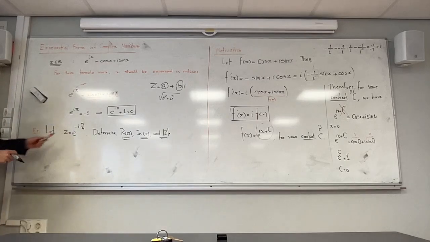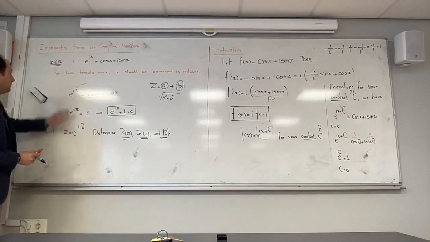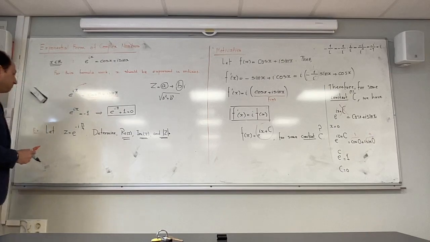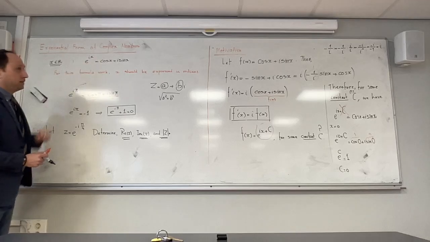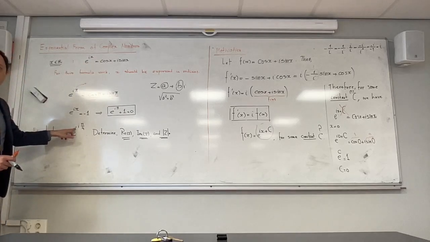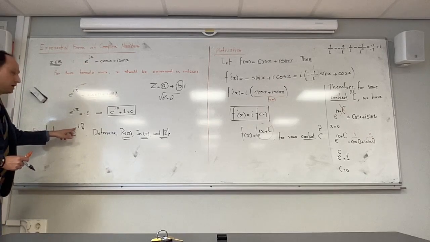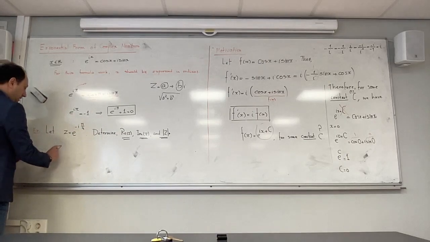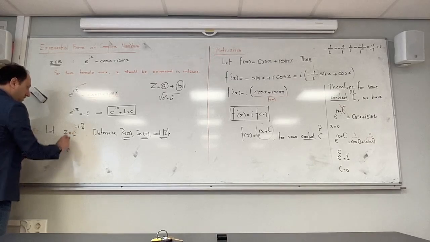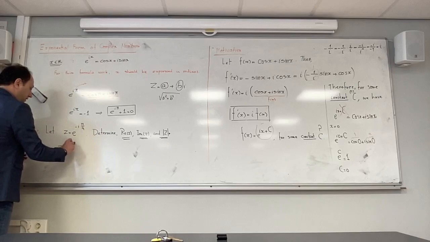Okay? So then, is this formula applicable here? Yes. But the problem is that I should have a positive sign here. I have a negative sign here, but that's a small change. I move this minus sign to pi over 4. So the first thing that I will do is that z is equal to e. Instead of writing negative i, I write positive i, and I multiply the minus sign in.